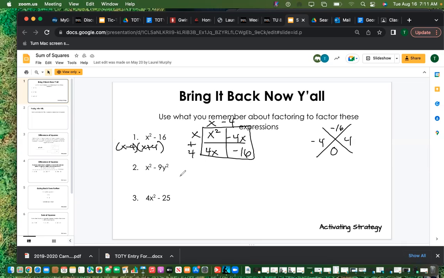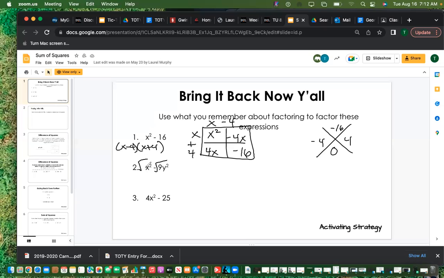All right, let's take a look at the next one. Very similar to what we're going to do on the last one, except we got a y squared in here. We learned last week that if we have no b term, then we can take the square root of these two terms and write out our factored form.